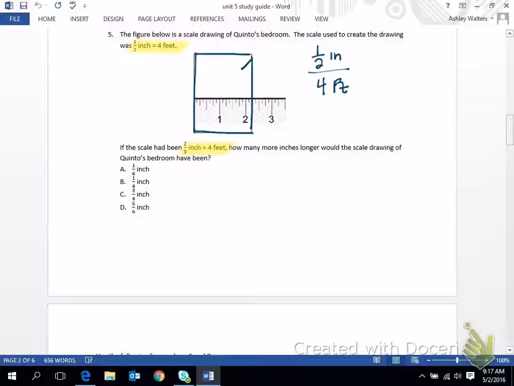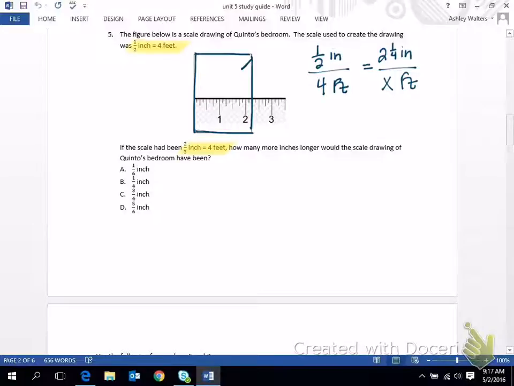So when we draw on a sheet of paper, you can't draw the exact amount of feet, so you have to shrink it down, giving you the scale factor. So if 1/2 of an inch represents 4 feet in the room, and we have 2 1/4 inches, how many feet is Quinto's room?